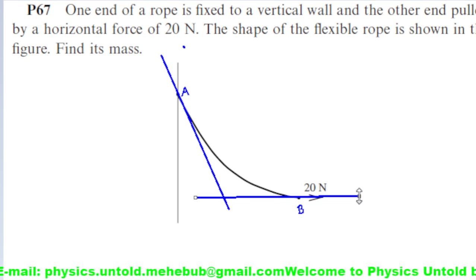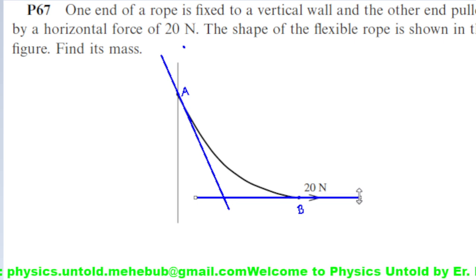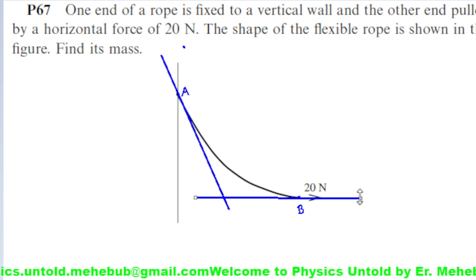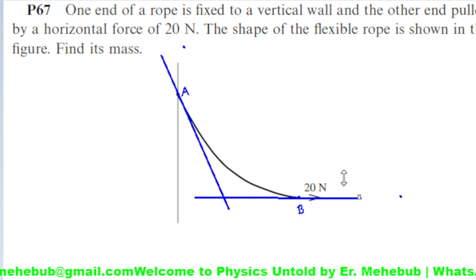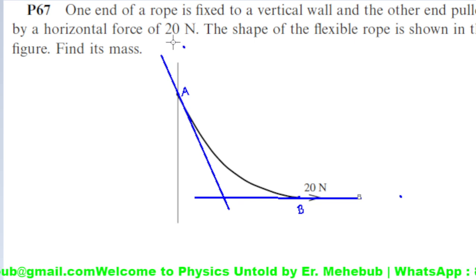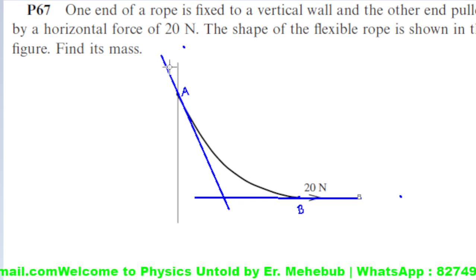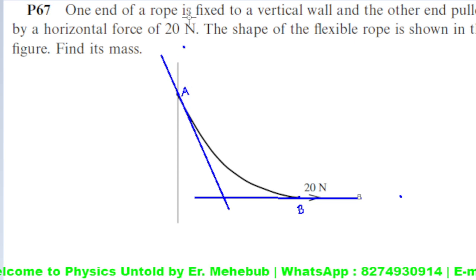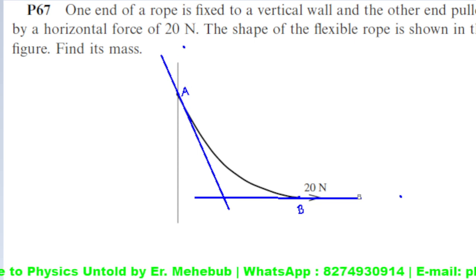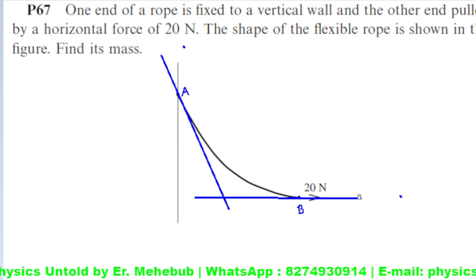Now if we measure the angle here, we can use a protractor, or the figure can be used as the source of the information, because the angle is not mentioned in our question.